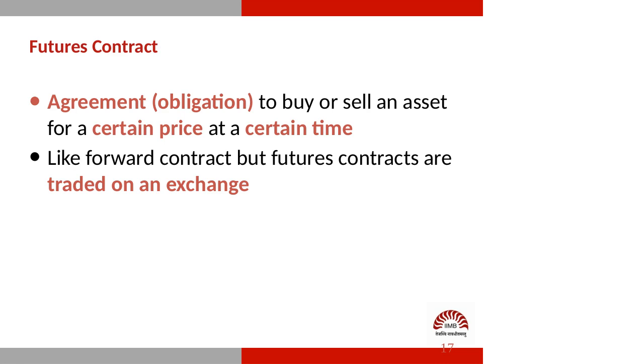If you take it as a forward contract, those conditions of the exchange do not apply. But given that a futures contract is traded on an exchange, those conditions apply. At the same time, the benefits that the exchange provides are also applicable here.